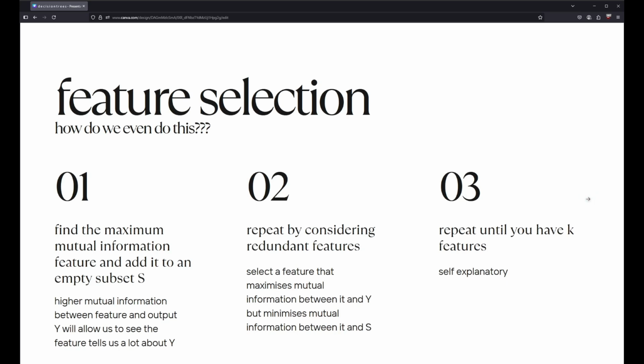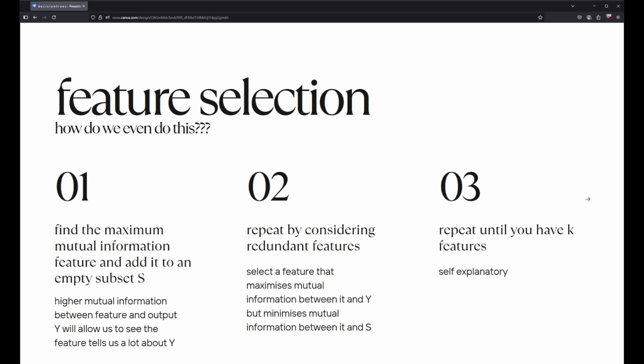So we talked about how to improve decision trees. One of the ways that I mentioned was feature selection. How can we actually do feature selection? So firstly, we find the maximum mutual information feature and we add it to an empty subset S. So this is just a notation S for now. It's just a subset of the features that we want to select, right? So mutual information, as we were talking about before, is going to be something that's more important.